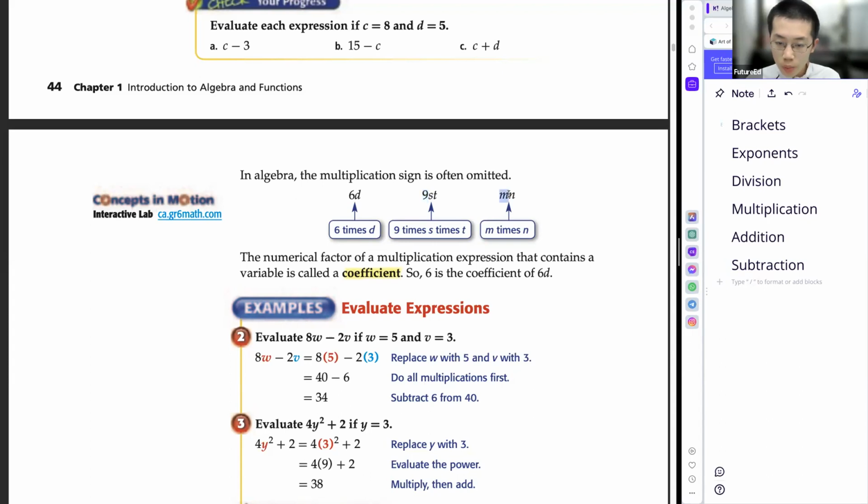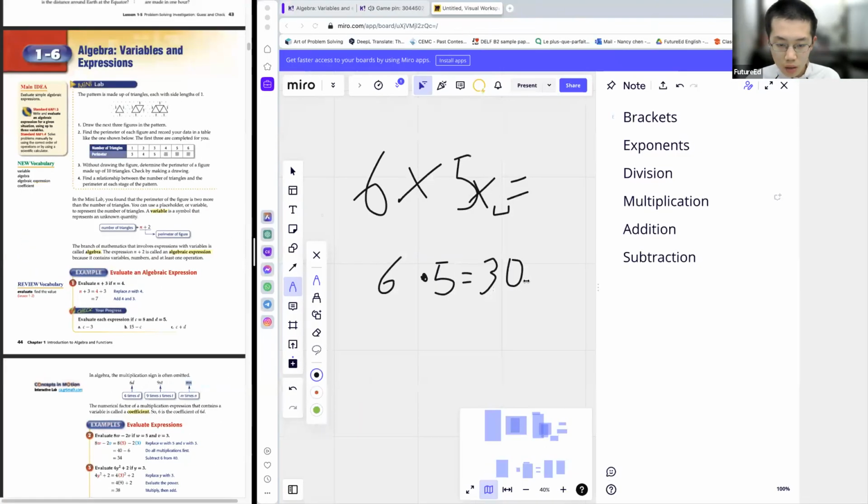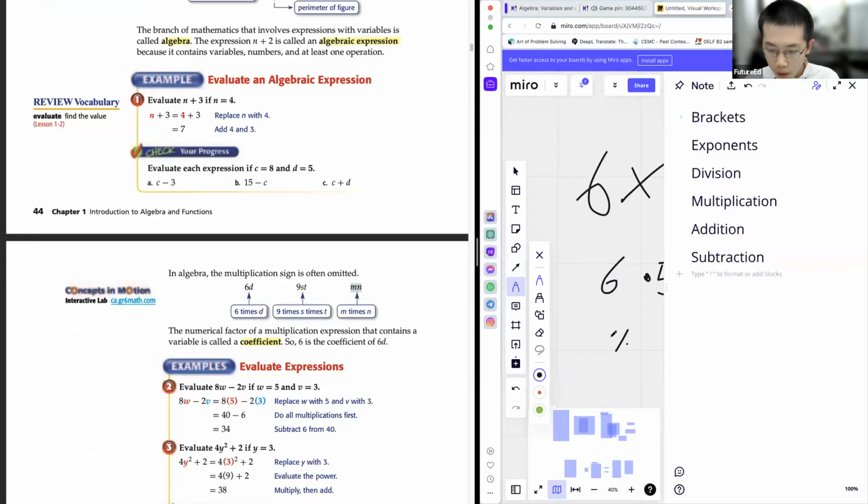For MN, it's a little bit confusing because it looks like there's nothing. You might say 0, but actually there's an invisible 1. I've had a lot of math teachers who would say, if you see an MN or just a lonely X, you can, if you want, just put a 1 in front. So the invisible coefficient in front of X would be a 1.